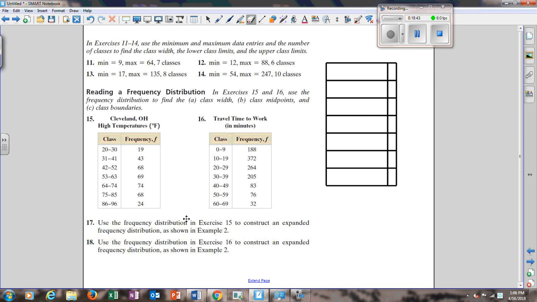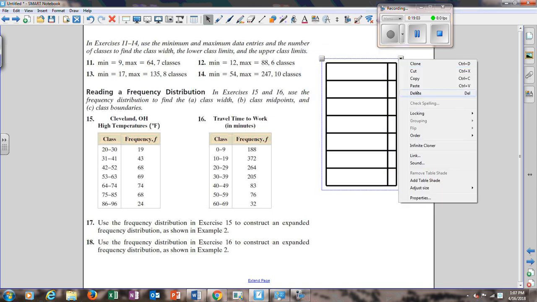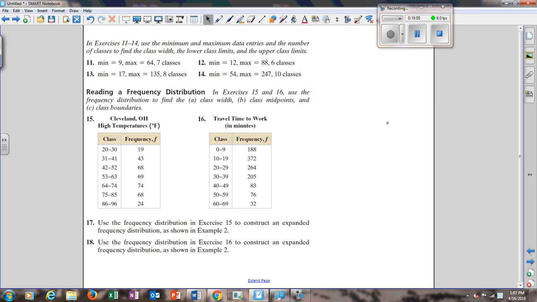Number 17, use the frequency distribution in exercise 15 to construct an expanded frequency distribution as shown in example 2. I didn't remember exactly what that was, so I had to go back and look at it. But basically, we had to create a frequency distribution that had the class frequency, which is what's given so far, your midpoints, relative frequency, and cumulative frequency.